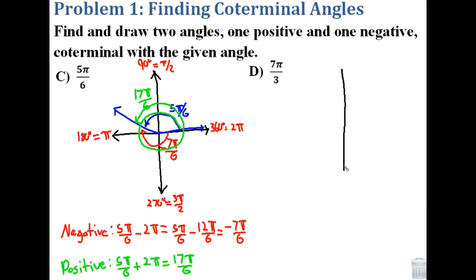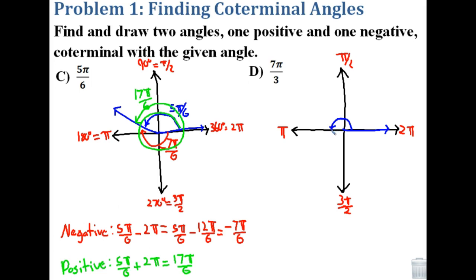Let's start by graphing the 7 pi over 3. We'll use the same landmarks, the pi over 2, the pi, the 3 pi over 2, and 2 pi once again. As I start rotating around, when I get to pi, that's the same as 3 pi over 3.